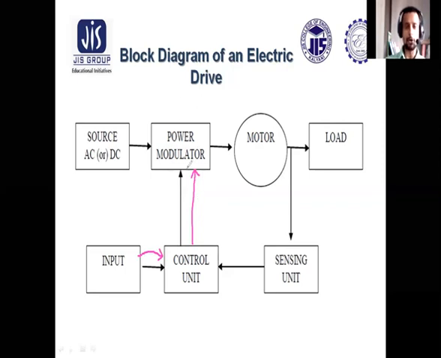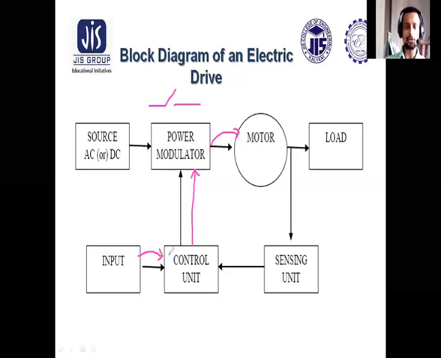Now this power modulator will work accordingly and will drive the motor, will send power to the motor. Which power? This power modulator cannot produce any power. So which power will it send to the motor? This power modulator generally comprises a combination of different switches.